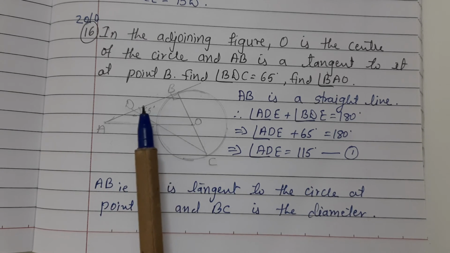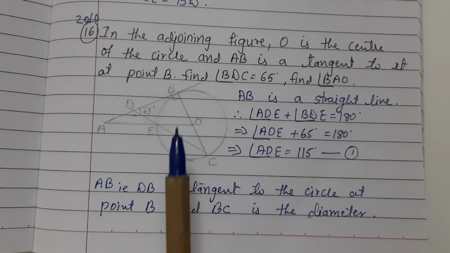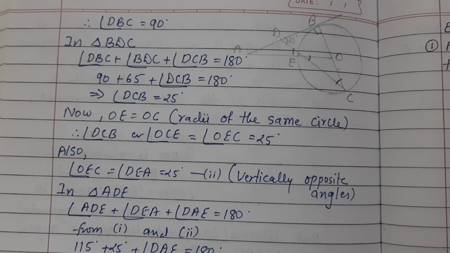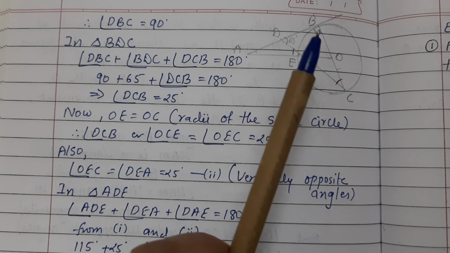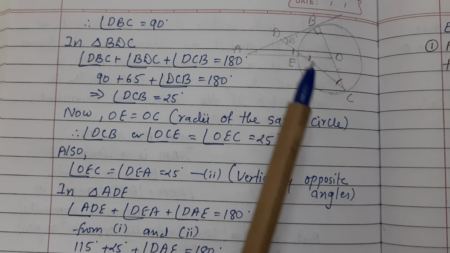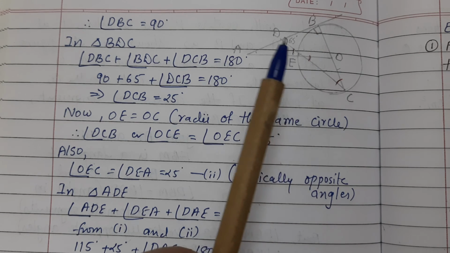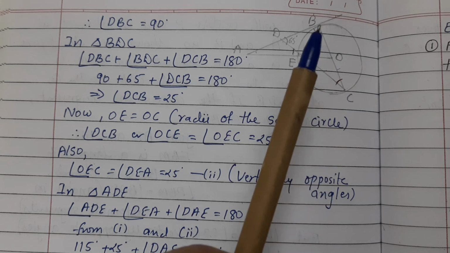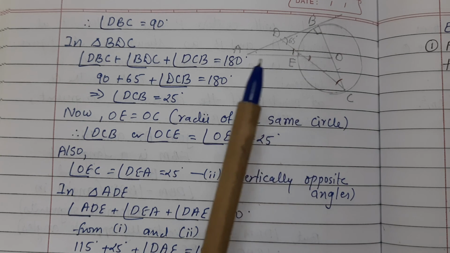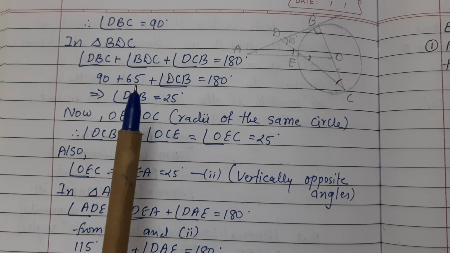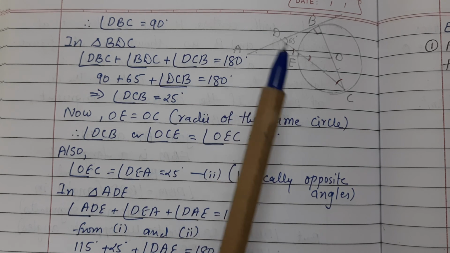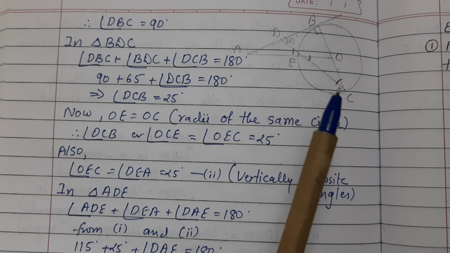AB or DB is a tangent to the circle at point D and BC is the diameter. Therefore, angle DBC equals 90 degrees. In triangle BDC, angle DBC plus angle BDC plus angle DCB equals 180 degrees. 90 plus 65 plus angle DCB equals 180 degrees. This implies angle DCB is 25 degrees.